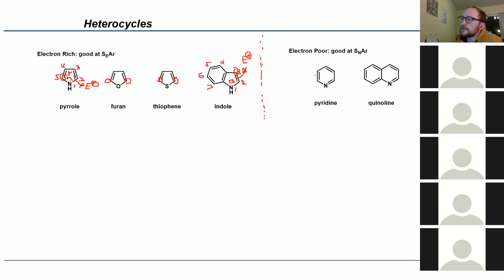Now, the electron-poor heterocycles are not very good at electrophilic aromatic substitution. These are pyridine, quinoline, and isoquinoline.